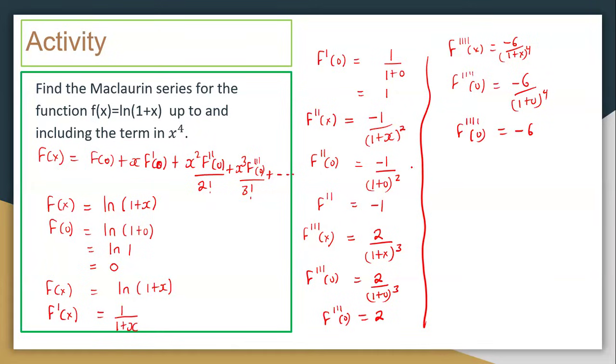Okay. Yes, Shadow. Good morning, sir. Morning. I came late, but I thought to understand where the 1 plus x is coming from. Like from f prime of x equals 1 over 1 plus x. Yes. When we are getting f prime, we differentiate once.